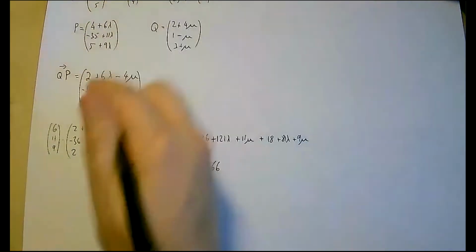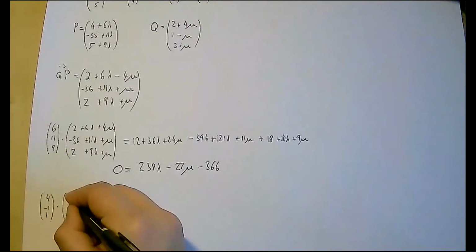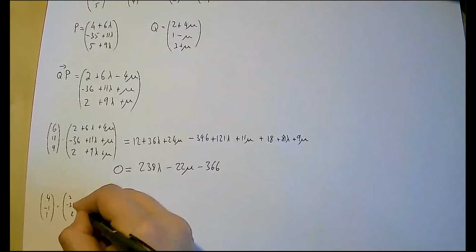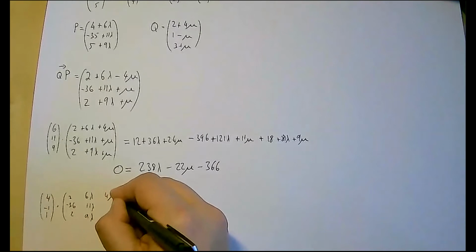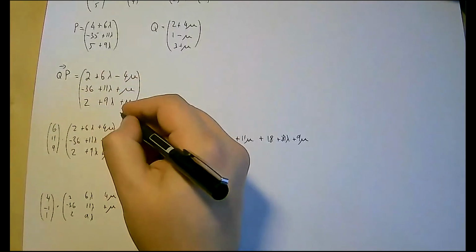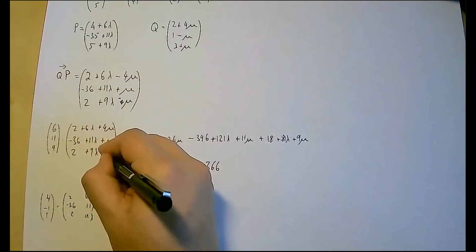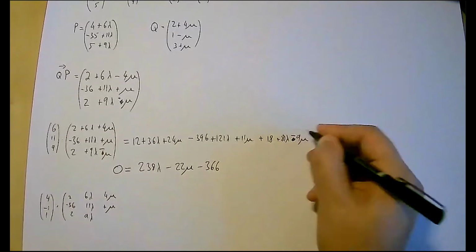We can do the same thing with this. (4, -1, 1) dotted with the vector. This here should be negative.